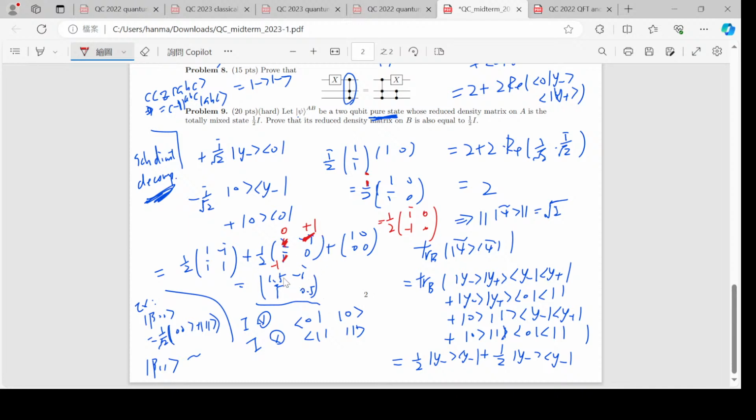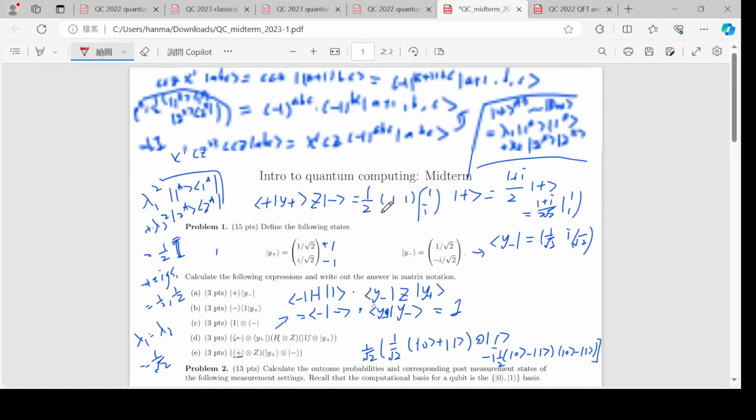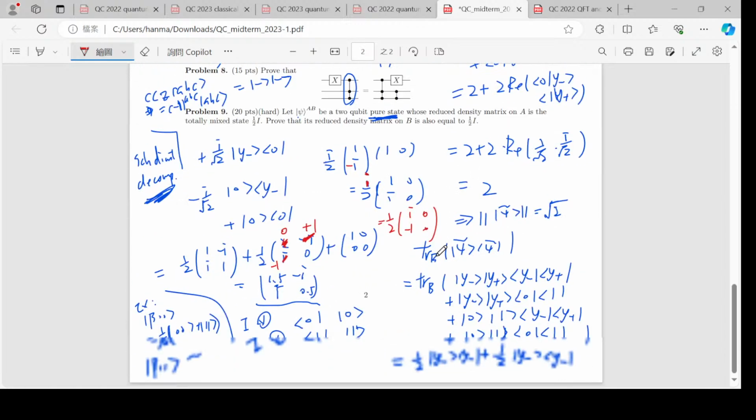And it should be, sorry, this is minus 1, and I made this wrong again. Okay, so I made more mistakes here. So y minus is actually 1 minus i, right? Okay, y minus i here.